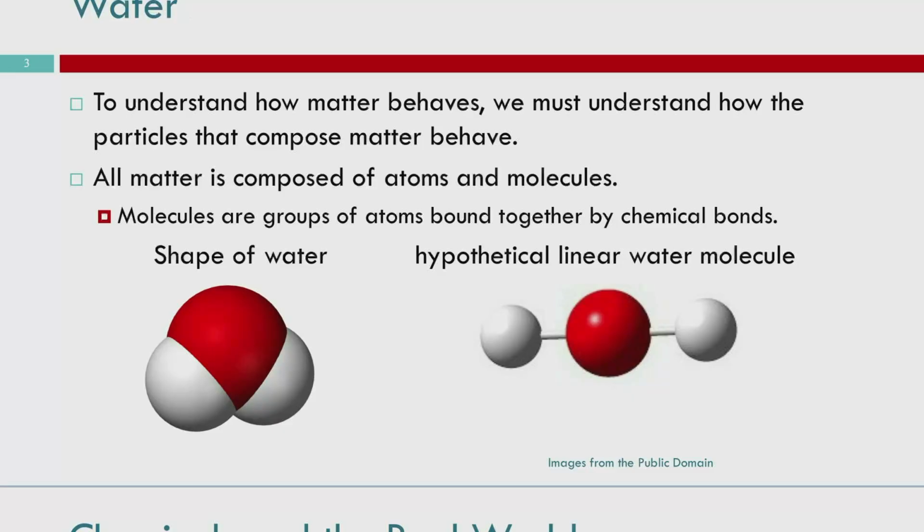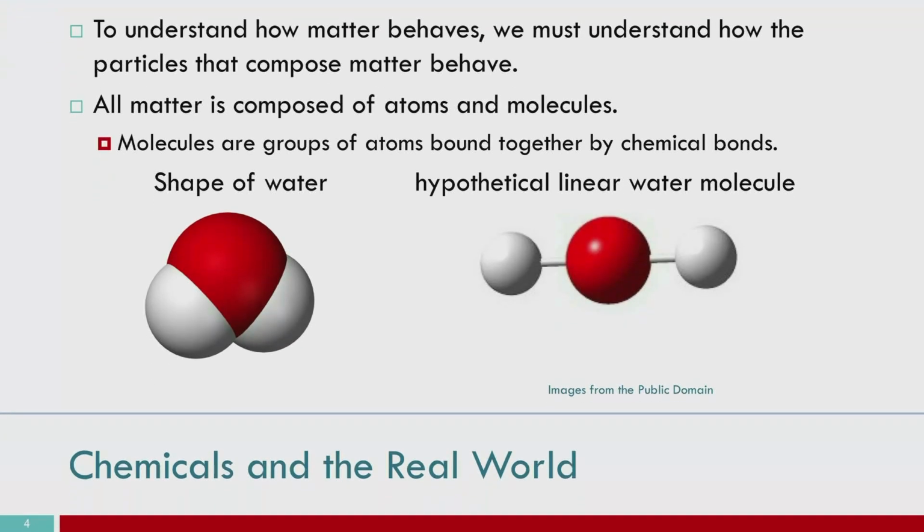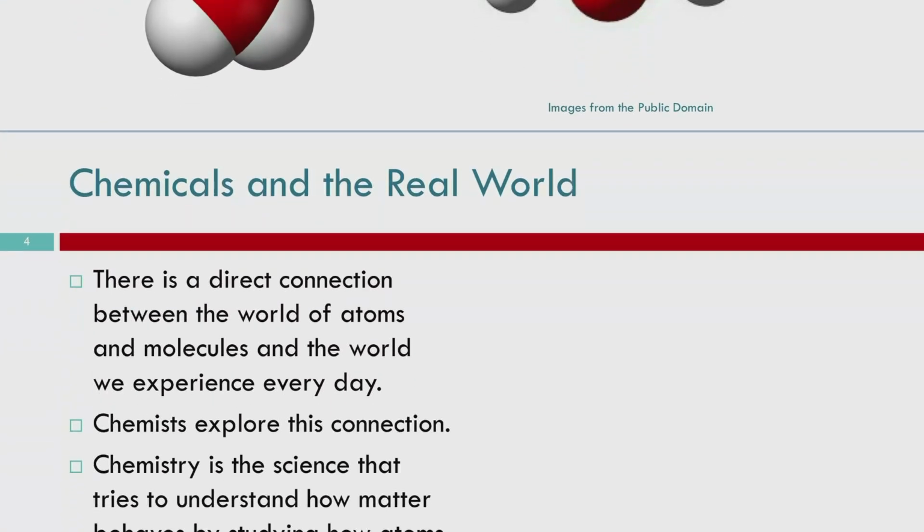If water existed in this linear fashion, life would not exist. We wouldn't be here. It would change so many things about the way that the world is. Just that little tiny change of hydrogen atoms up or hydrogen atoms down, or whatever orientation you want to imagine. So a lot of really tiny little details actually make a really big difference.